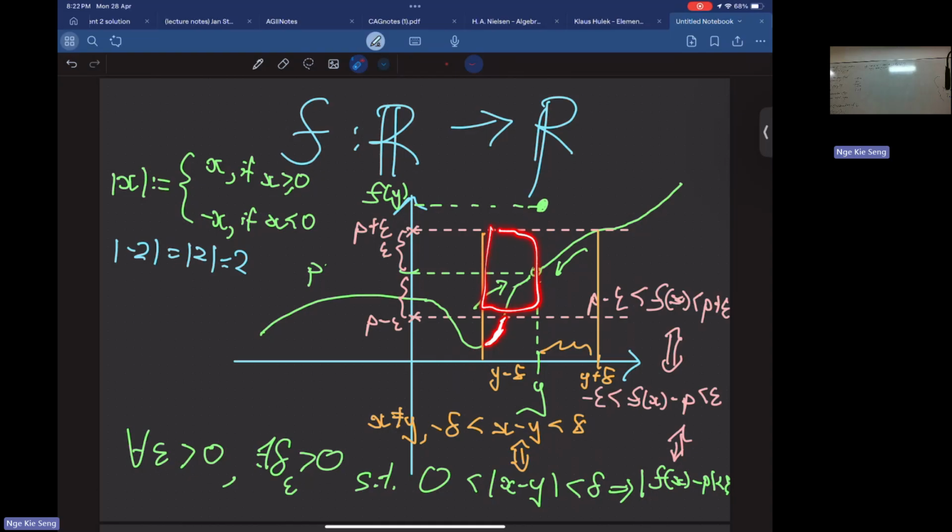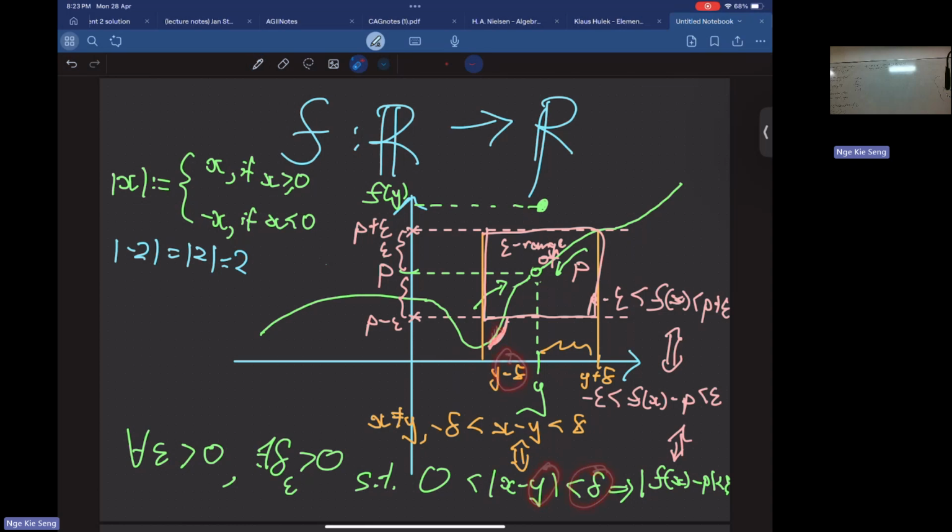Correct? So let's call this box here the epsilon range of p. This part lies outside, but these x lie inside the delta range of 1.